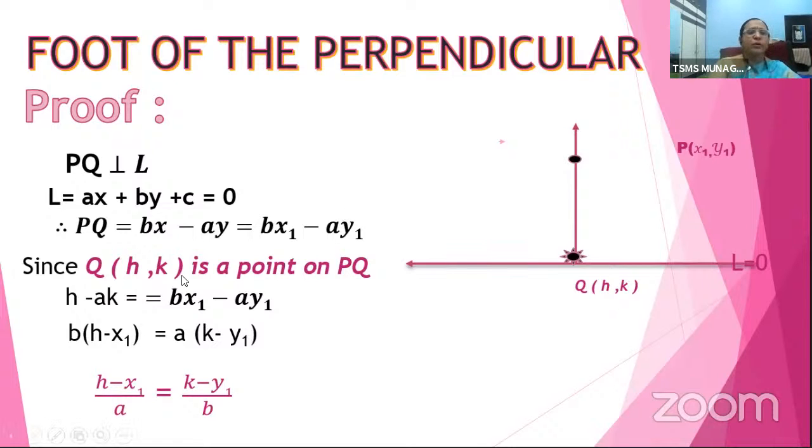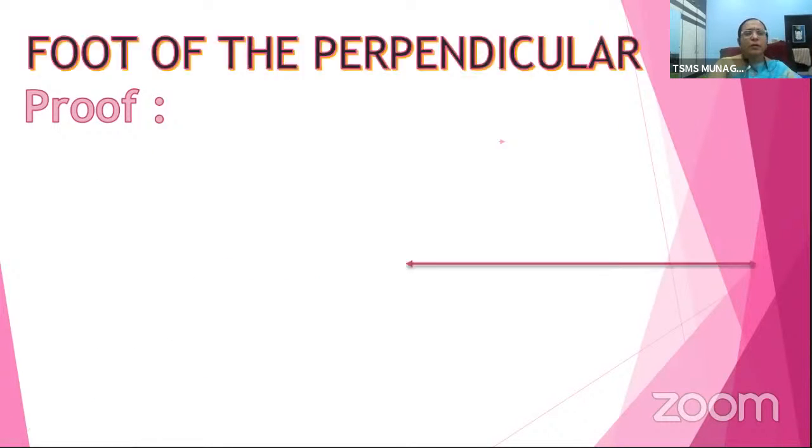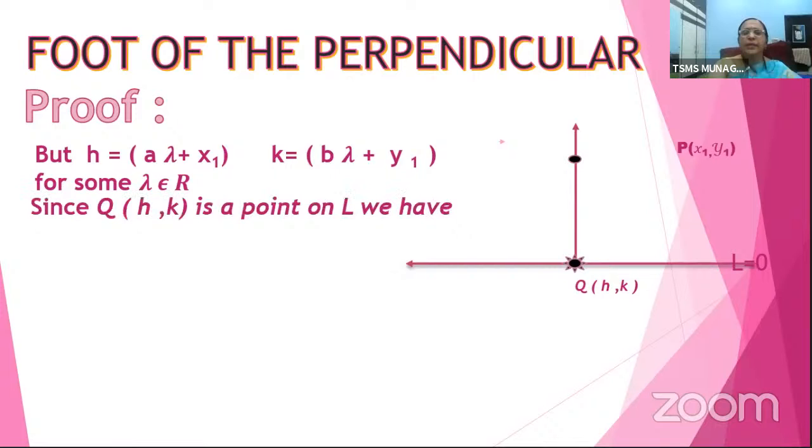Right? So finally, what is it that we got? We got in the previous slide (h − x1)/a = (k − y1)/b. Now let us translate the point to (x1, y1). So in the place of h, k, let us take h = aλ + x1 and k = bλ + y1 for some λ belonging to R. Since (h, k) is a point on L, we have a(aλ + x1) + b(bλ + y1) + c = 0.